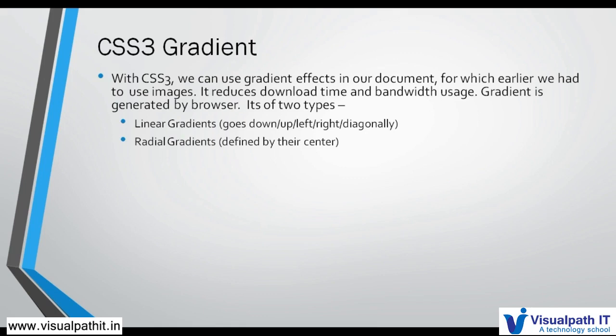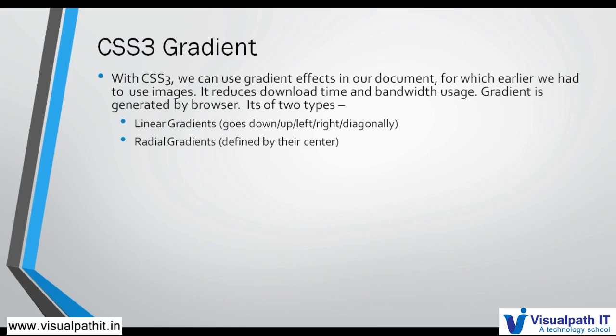To avoid this, a new feature, the CSS3 gradient, has been implemented. The use of this is that it reduces download time and bandwidth usage. The gradient is generated by the browser.